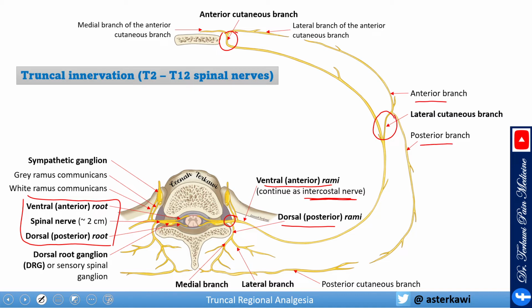The anterior is further divided into middle and lateral. So when I'm doing an intercostal nerve block here, I should get the lateral and the anterior, but not the dorsal rami. So this is important.